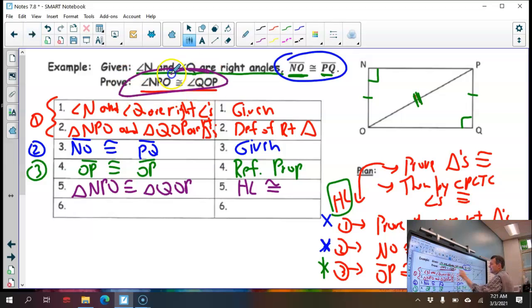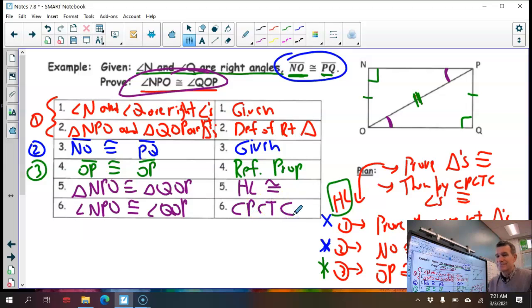Originally, I wanted to prove that this angle is congruent to this angle. And I now know that because the triangles are congruent, all corresponding parts are congruent. Therefore, angle NPO is congruent to angle QOP because they are corresponding parts of congruent triangles and therefore are congruent.